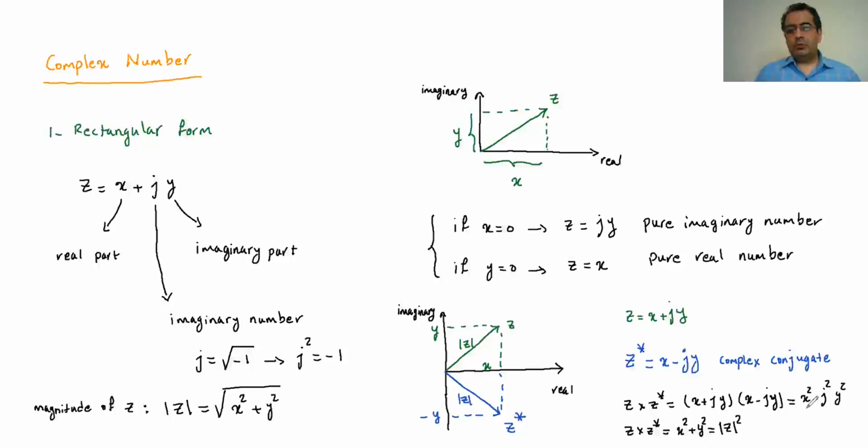When we want to do the calculation with the rectangular form, we will do it the same way that we do it in regular mathematics. So let's say that I have two complex numbers.